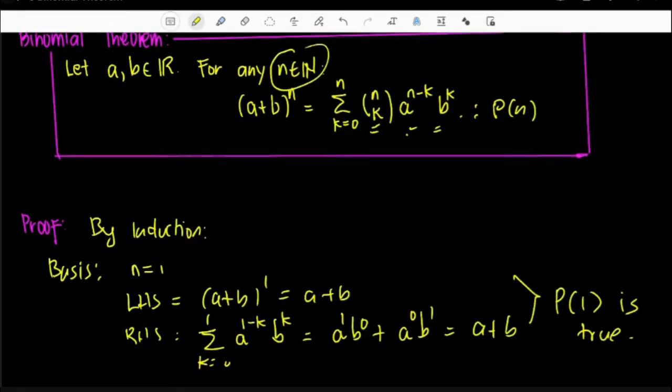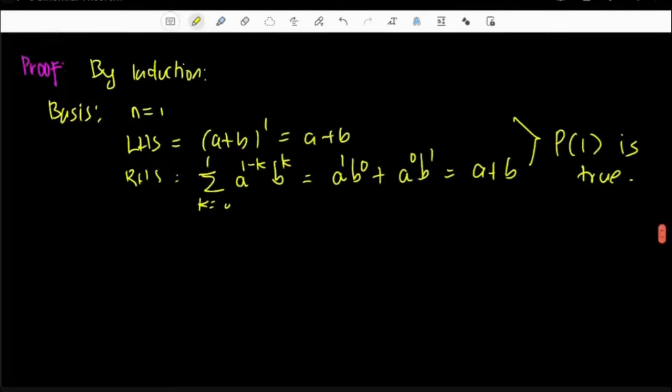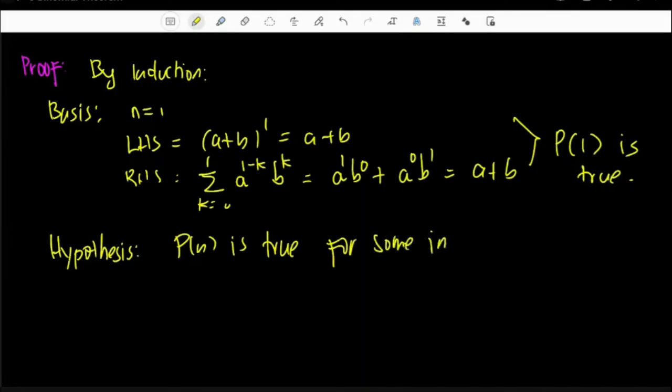Okay. So now we can assume that this holds for any integer n. So let's have a proof of induction. Hypothesis first. So we hypothesize that P of n is true for some integer n. I didn't use k.